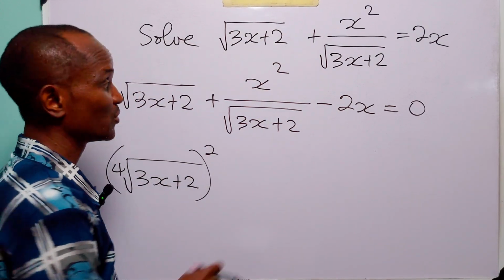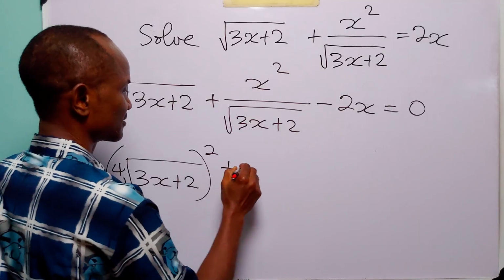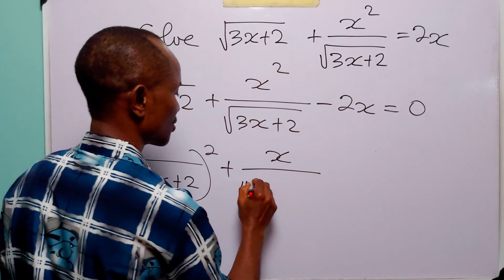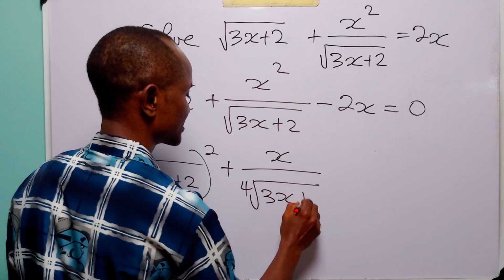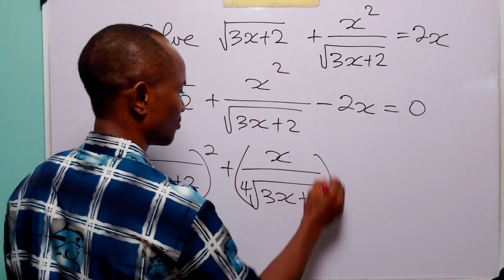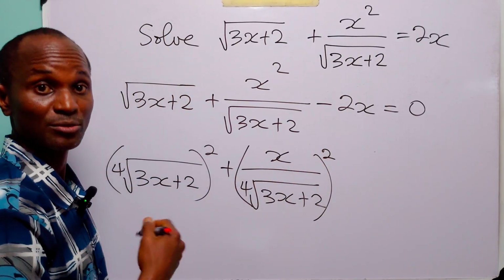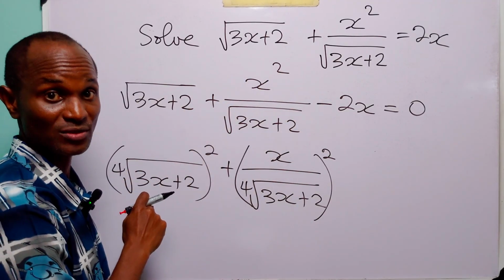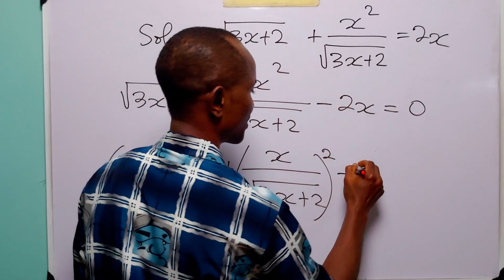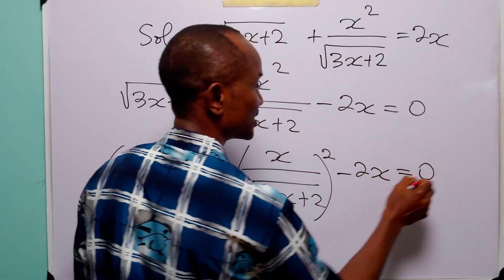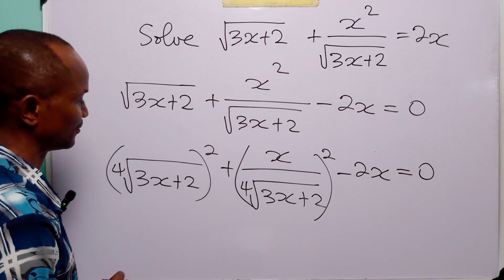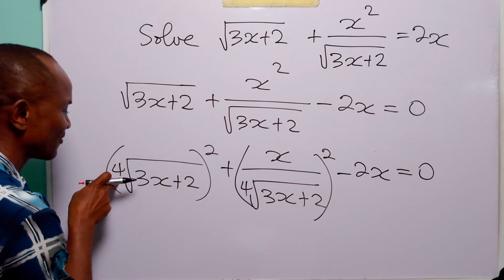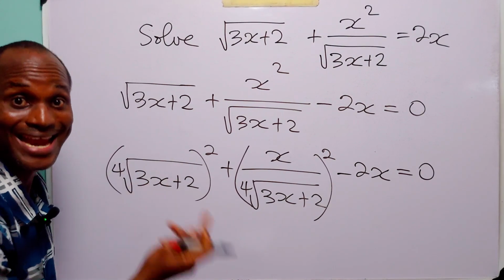And in that same way, we can also write this as x over the fourth root of 3x plus 2, all squared. Because of course, you know that when you open this bracket, this is exactly what you're going to get. Now here we have minus 2x and everything is equal to 0. Now, if we call this quantity, that is the fourth root of 3x plus 2, a.